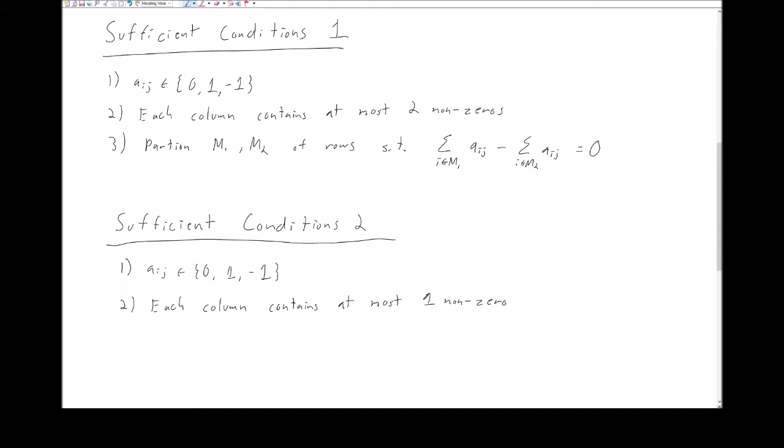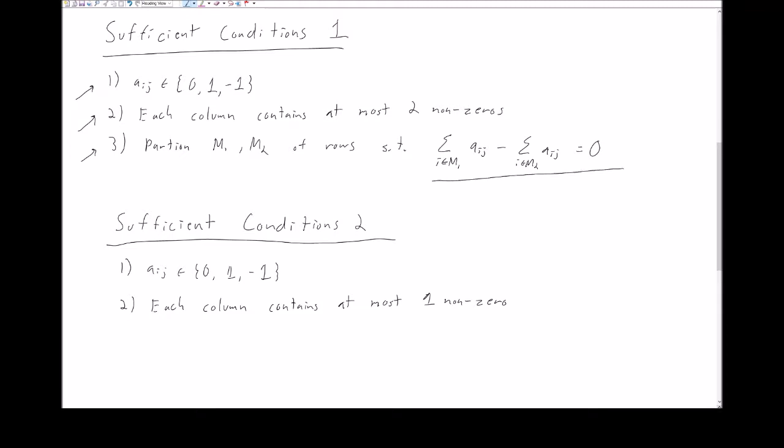The first set of sufficient conditions verifies that every entry in the matrix is either 0, 1, or -1, that every column contains at most 2 non-zeros, and then finally, the most complicated restriction is that we can partition the rows into two sets, M1 and M2, so that if we sum all of the entries along a particular column in the rows marked by M1 and subtract from that all the entries in that same column summed over the rows M2, this sum is equal to 0.